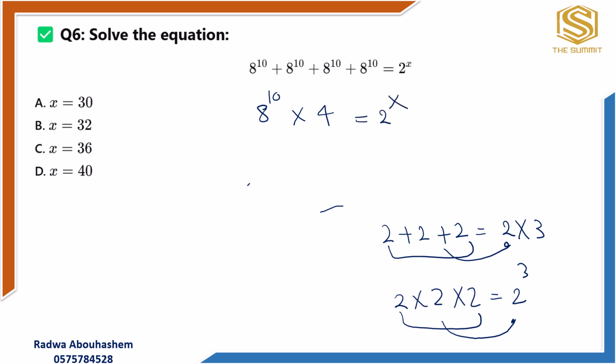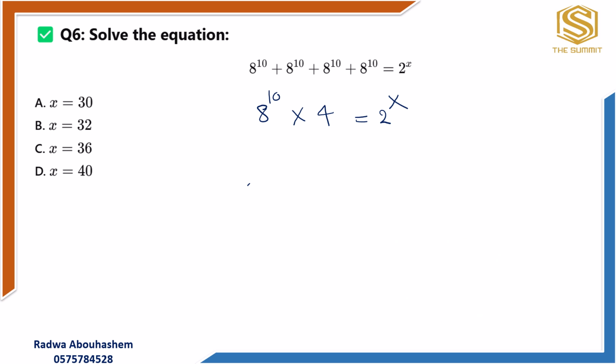Good. Now, I need to make it an exponential equation, so I have to make sure the bases are the same. So this would be 2 to the power 3, to the power 10, and this would be 2 to the power 2, and this would be 2 to the power x.